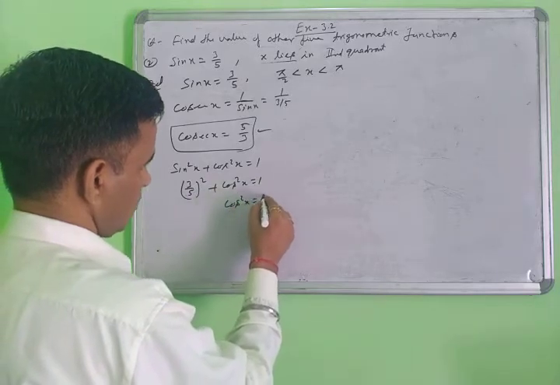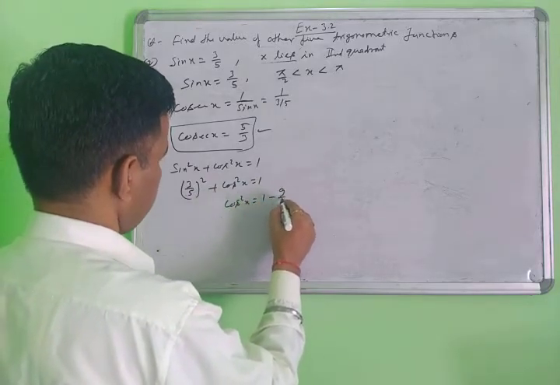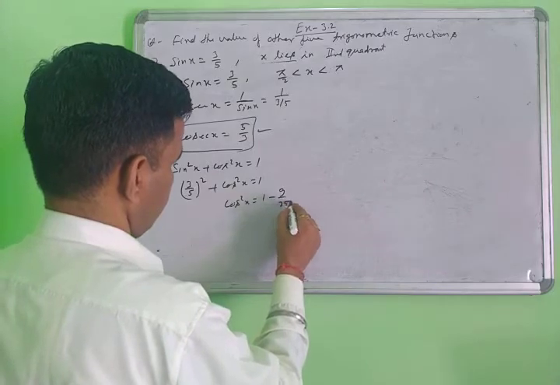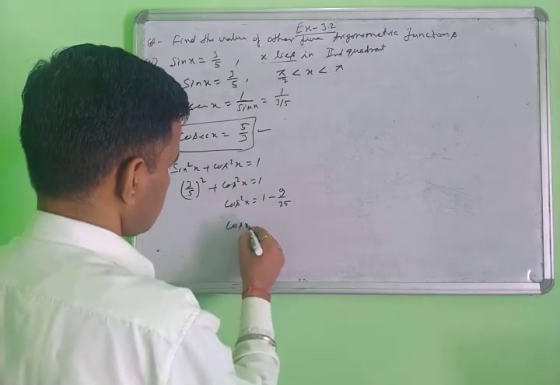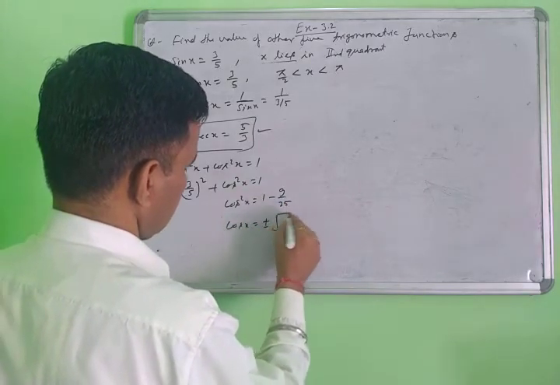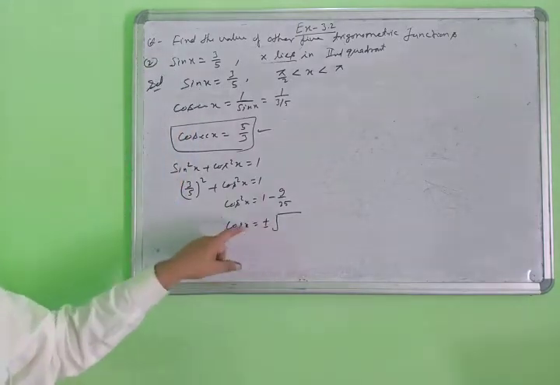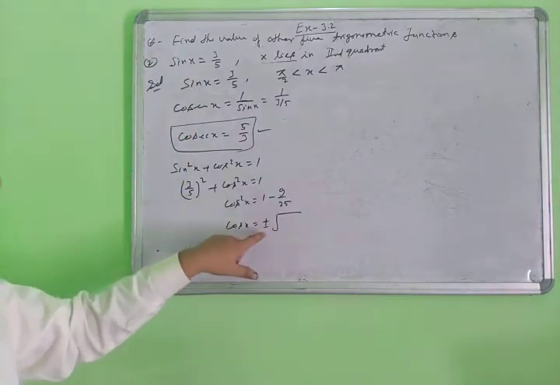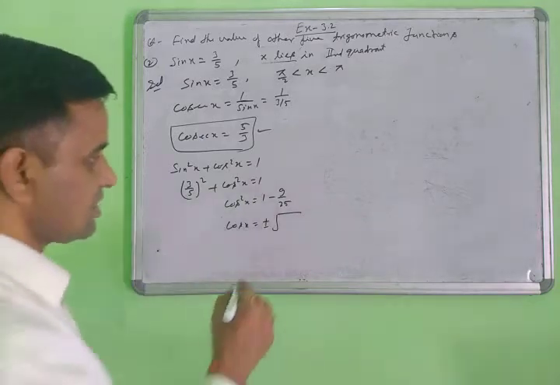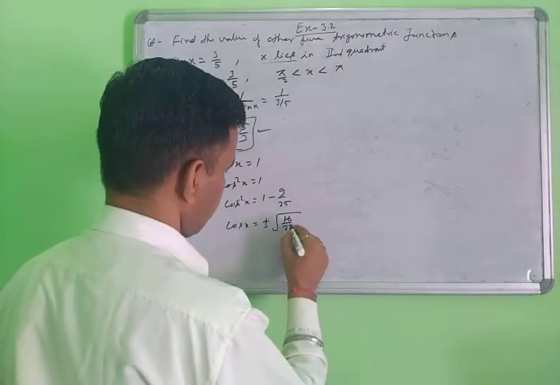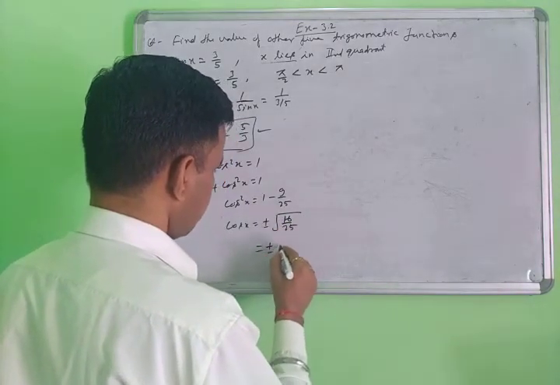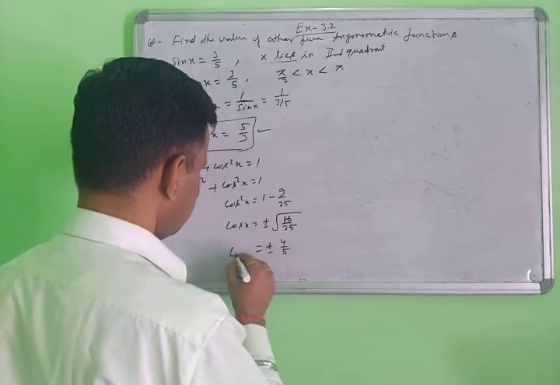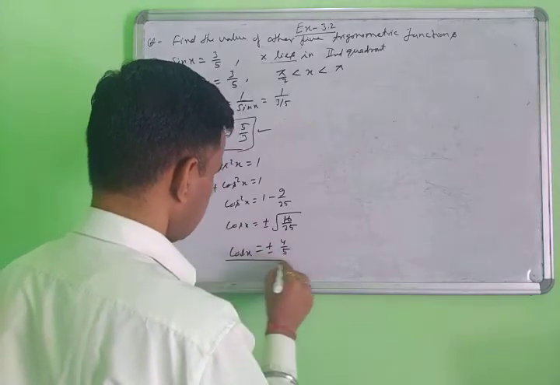Cos square x equal to 1 minus 9 upon 25. What value of cos x? Plus minus root. Square transfer to the right side is the plus minus here. 25 minus 9 is 16 upon 25. What value here? Plus minus 4 upon 5. This is the value of cos x.